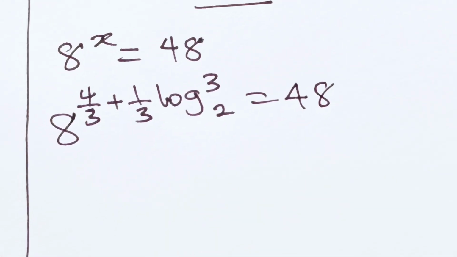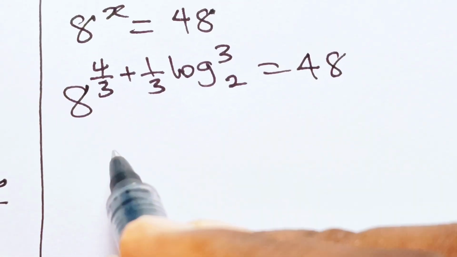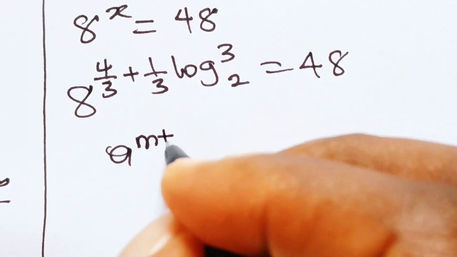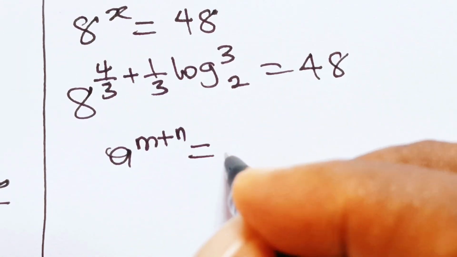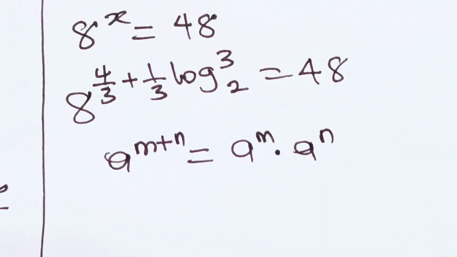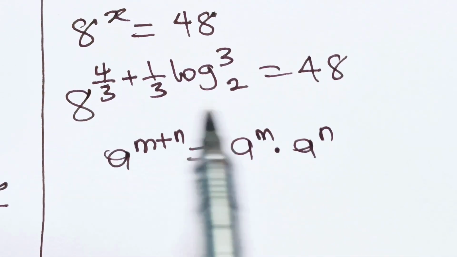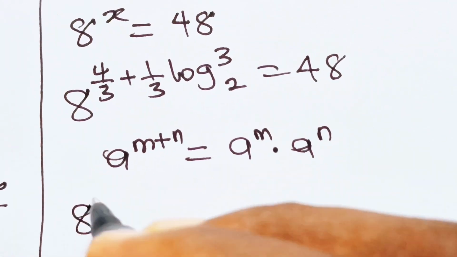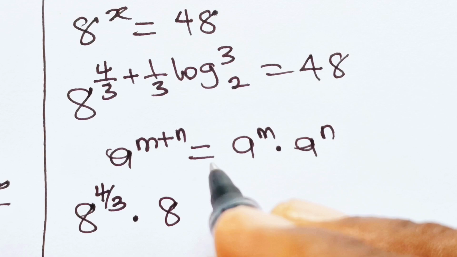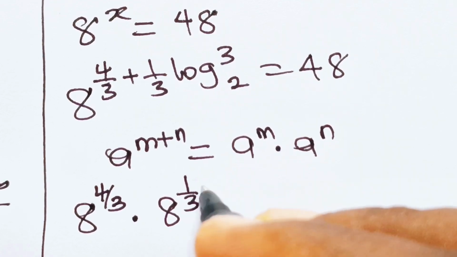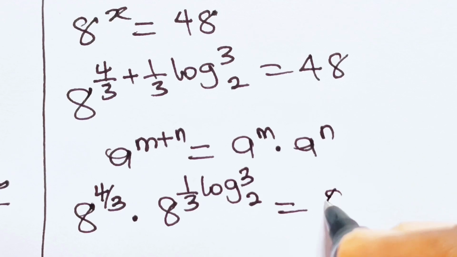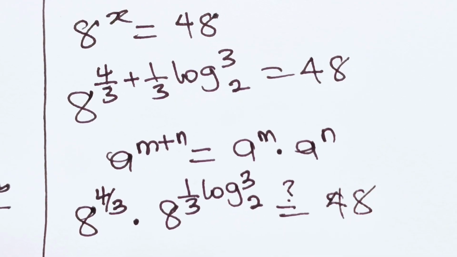So when you have a to the power of m plus n, this is equal to a to the power of m multiplied by a to the power of n. Therefore, we can write this as 8 to the power of 4 over 3 multiplied by 8 to the power of 1 over 3 log 3 base 2, and this is equal to 48.